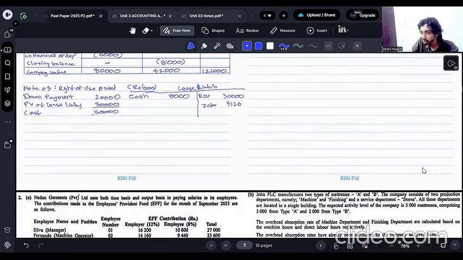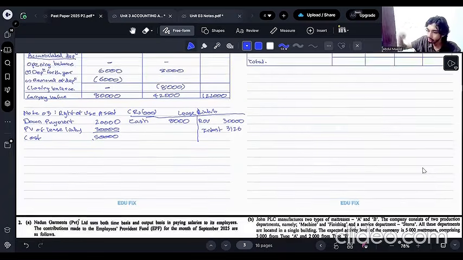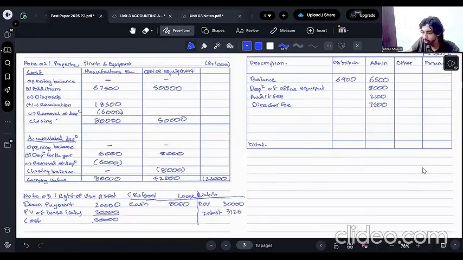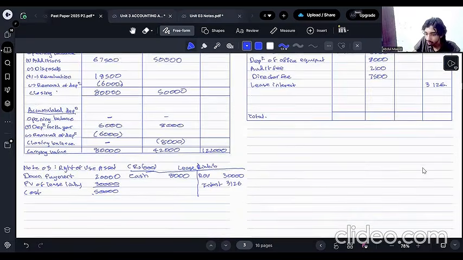So interest, you will debit it to finance expense, credit to lease liability. So here you can say lease interest under finance expense 3,126.